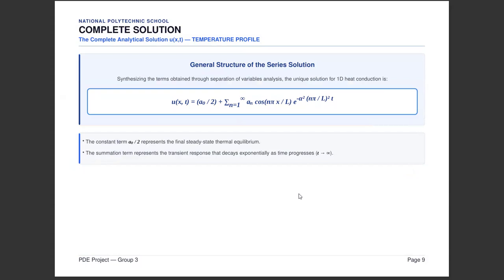To verify our solution, we check three important conditions. First, we substituted the solution into the heat equation. The left-hand side and the right-hand side were equal, so the differential equation was satisfied. Next slide, please.